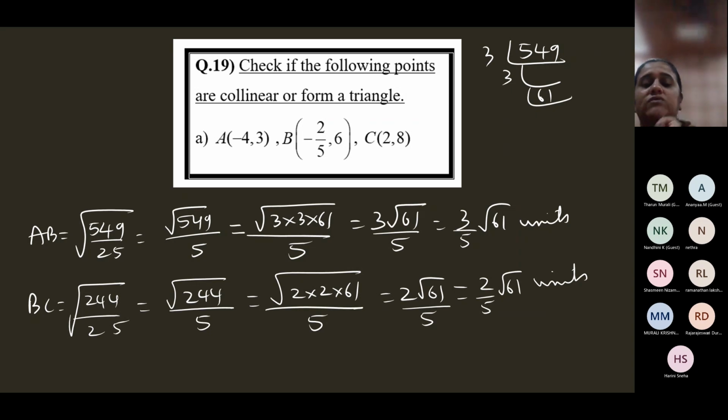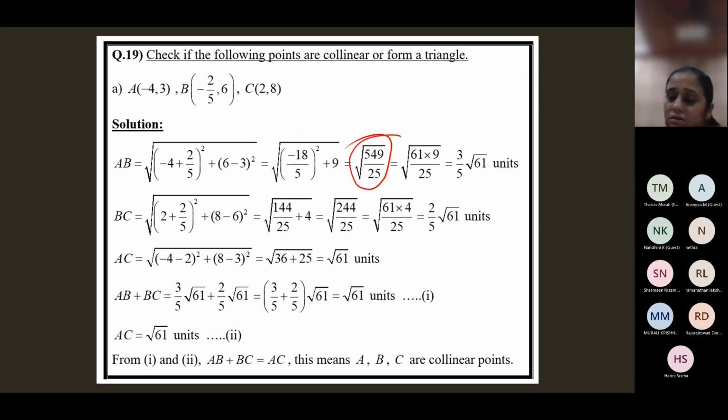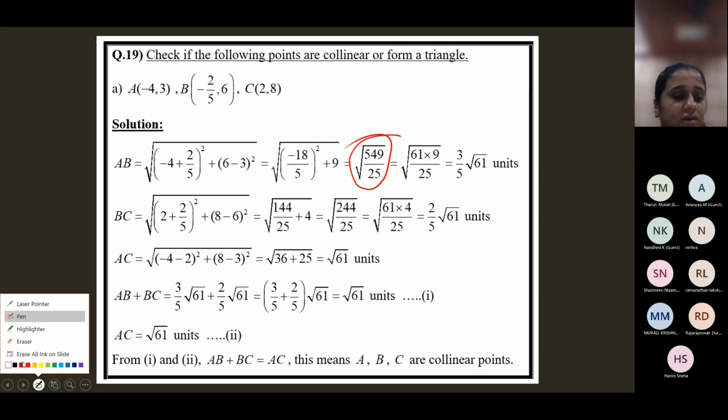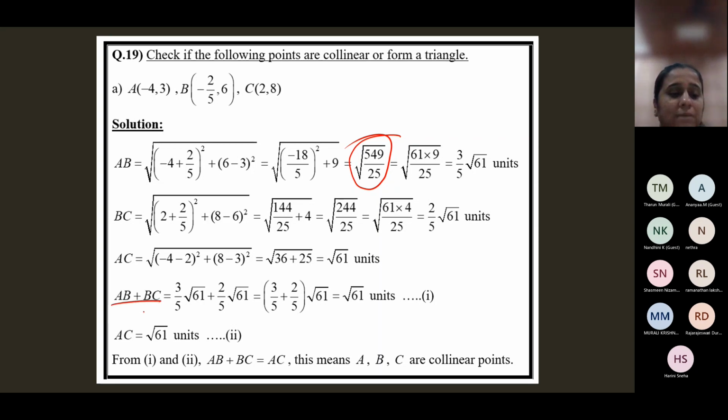Work it like this. So AB plus BC is equal to AC. If this condition happens, then the points A, B and C are collinear. All right, children, take a screenshot if you have not finished.